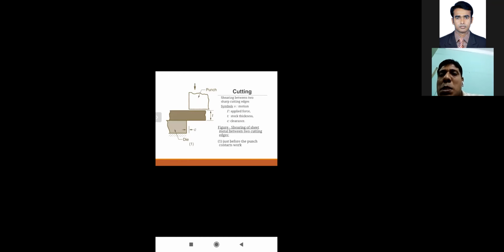The first picture relates to cutting. It is just before the punch contacts the work. T is the thickness of the work metal.